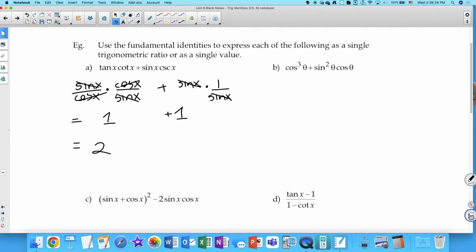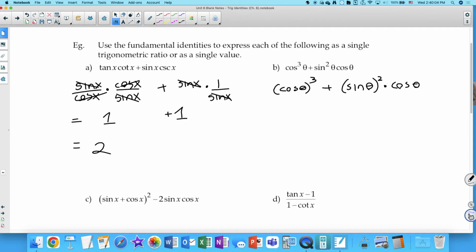Yeah, we can factor here. If you look at both terms, there is a common factor of cosine theta. Sometimes, when you're not used to this, rewriting this as cosine theta cubed plus sine theta squared times cosine theta can help you see that there's a common factor of cosine theta.